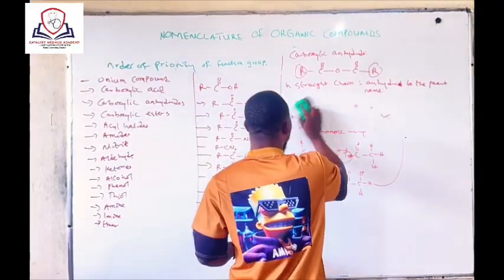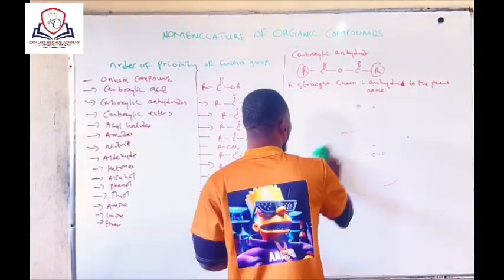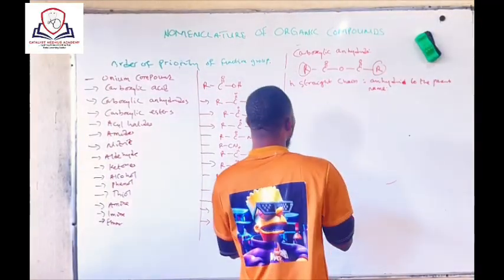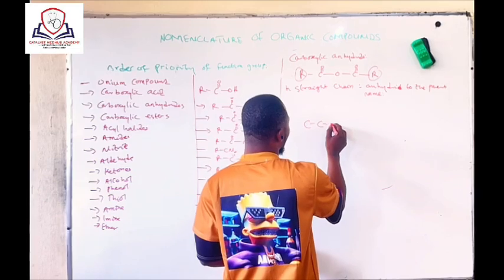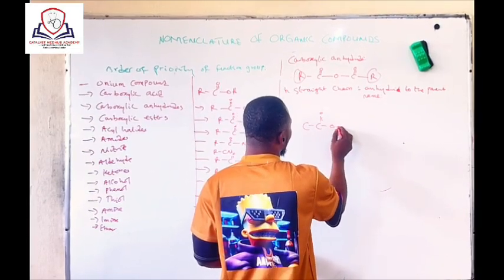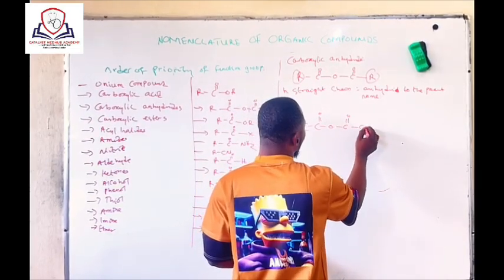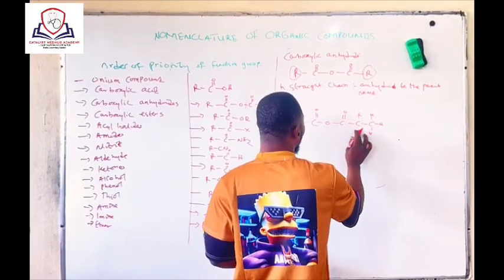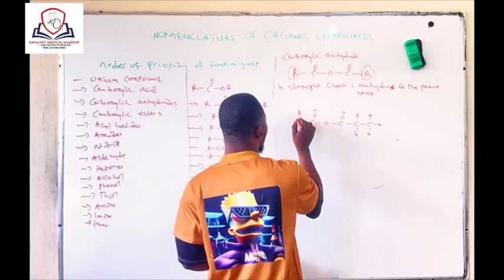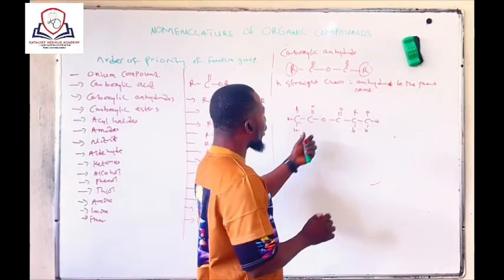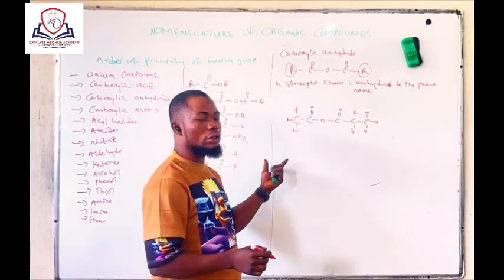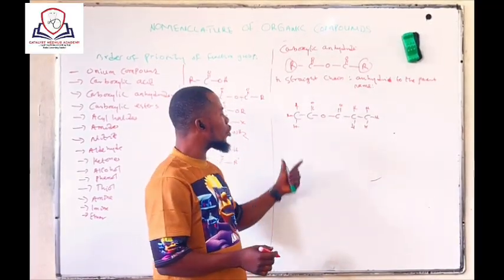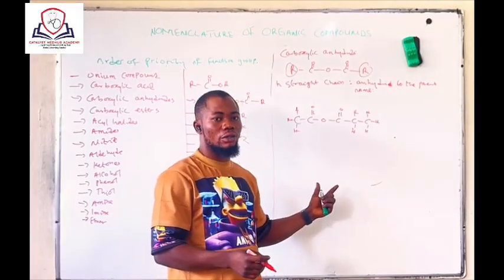Now, you can also have a case where our R will not be equal. For example, here they are not symmetric. We have two carbons before the oxygen and three carbons after the oxygen. In this case, we have to name each of the carboxylic acids.